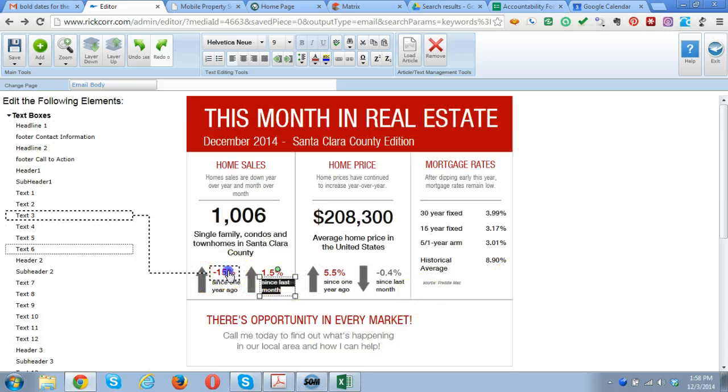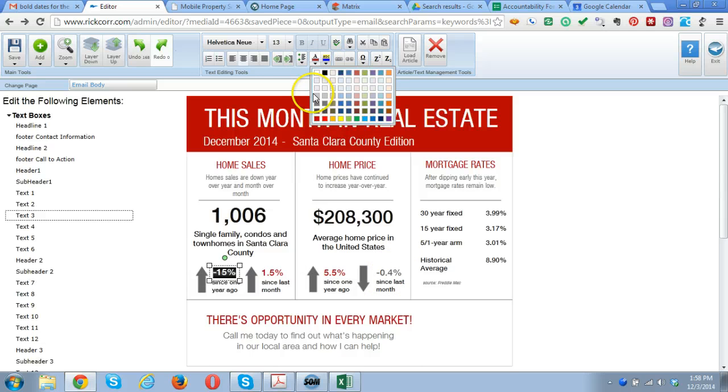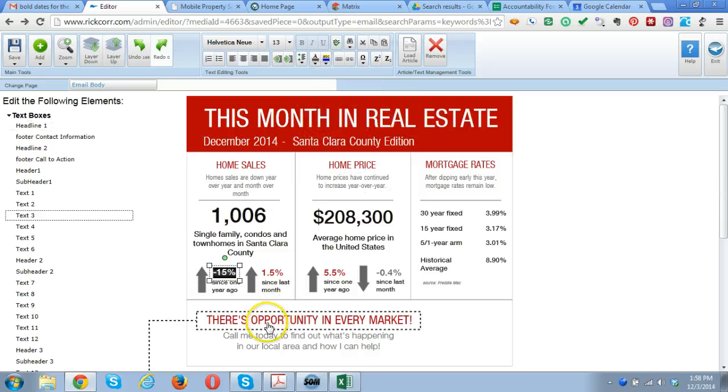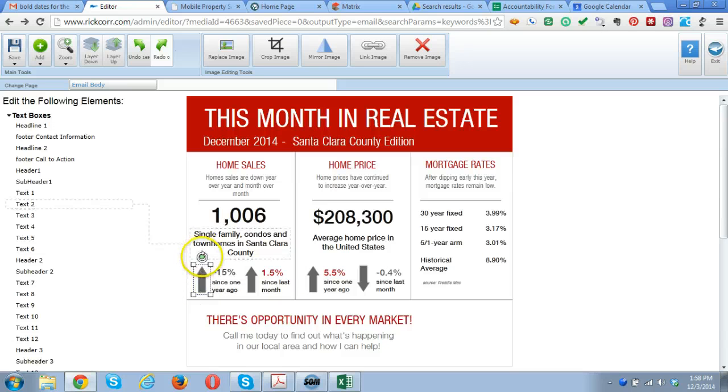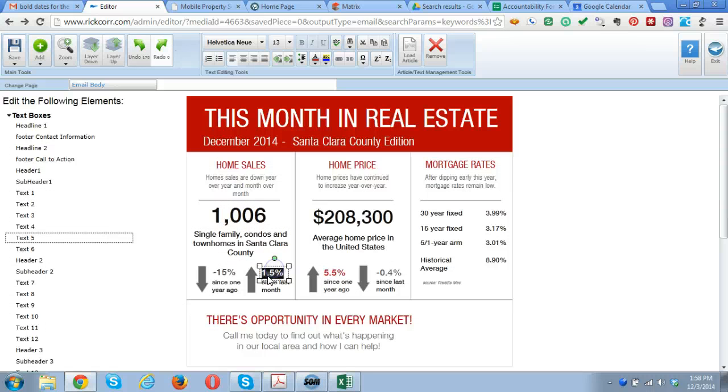If you follow the system, they have negatives in gray and positives in red. This probably makes accountants very unhappy. So it's negative 15%, and then we have to deal with the little and turn it around. So now we've got minus 27% from last year, minus 27%.